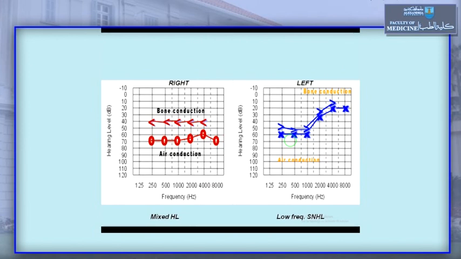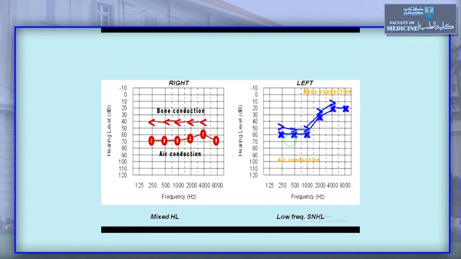disease. What else? We have sudden sensory neural hearing loss, usually characterized by low frequency sensory neural loss. What else? Some cases of heredofamilial hearing loss are characterized by low frequency hearing loss. What else? Autoimmune inner ear disease is characterized by low frequency hearing loss.